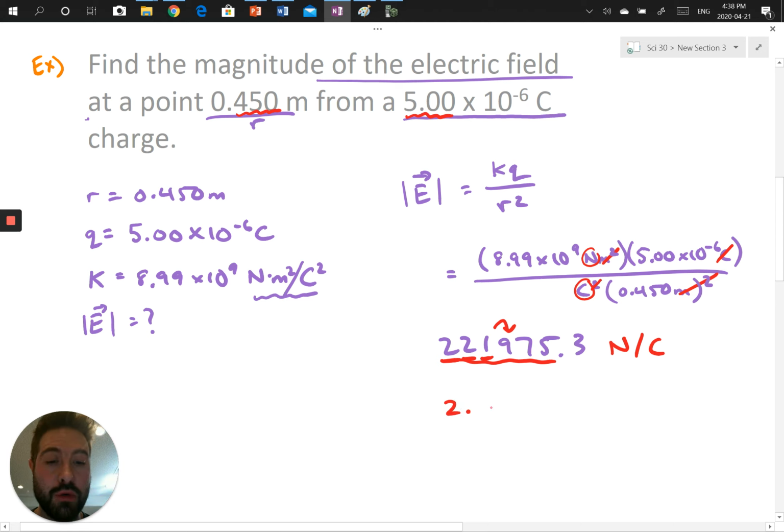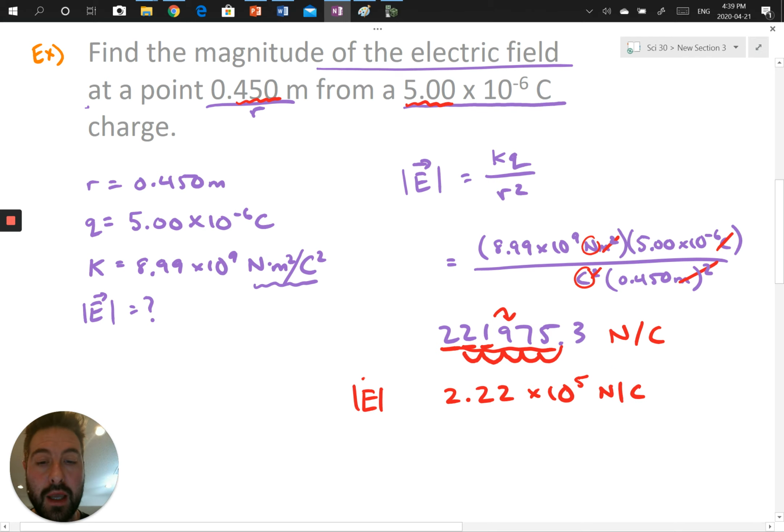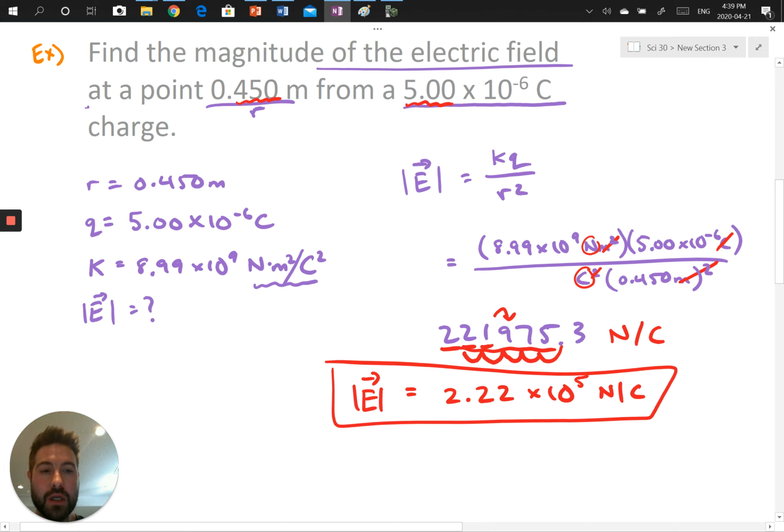So I'm going to get 2.22 times 10 to the 1, 2, 3, 4, 5 newtons per coulomb. And that is the value of my electric field strength. Okay, so that's how you calculate electric field strength. Very similar to the other formula that we did, and we'll take a look at that again in a sec.